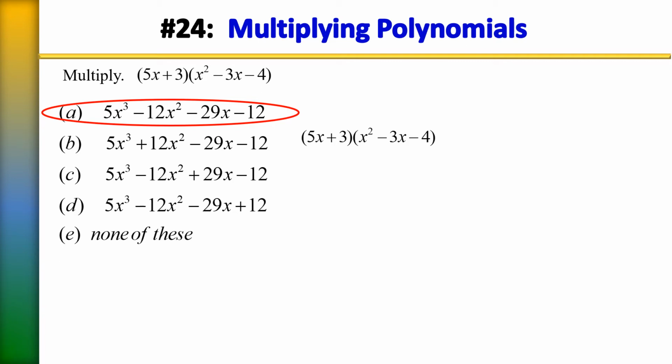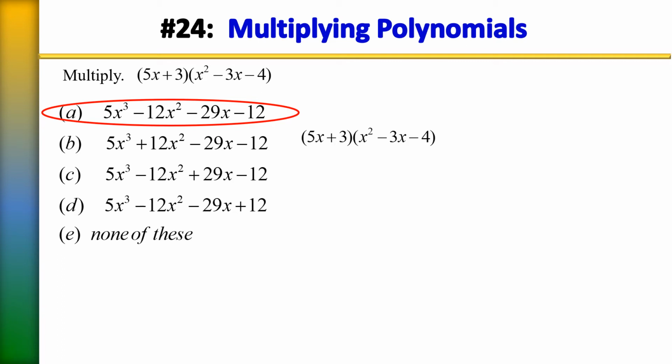So what you're going to do is multiply that first term with each term in the trinomial, and then the second term you're going to also multiply with each term in the trinomial. So you can do what is called an over the bridge, under the bridge type thing. With the 5x, you're distributing that, it's going to go over, and then multiplying the 3 with each term, we're going to go under.